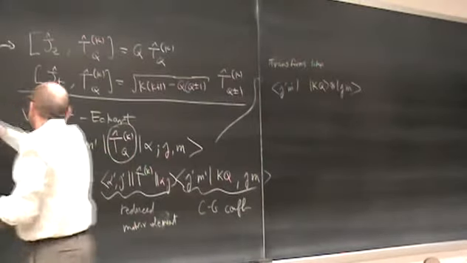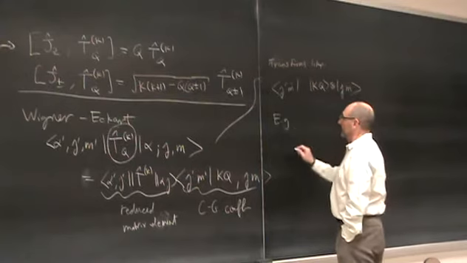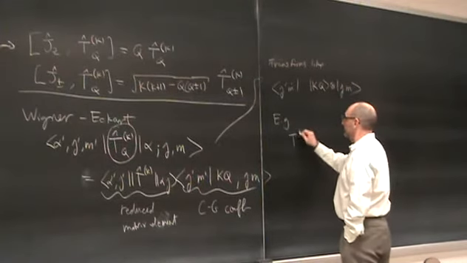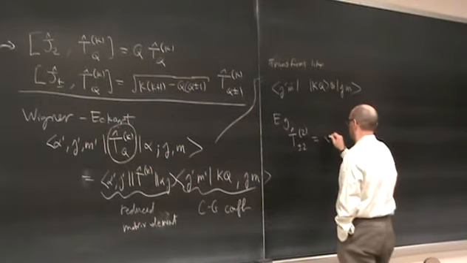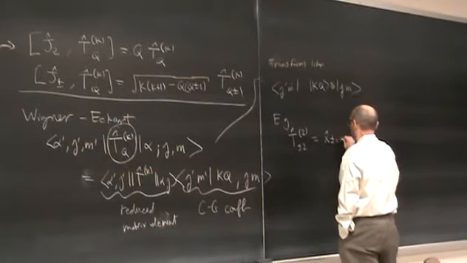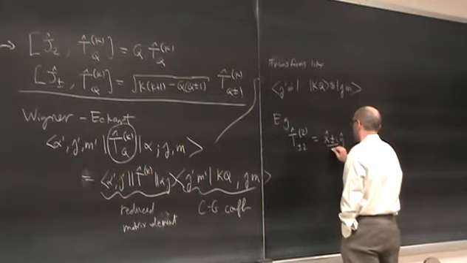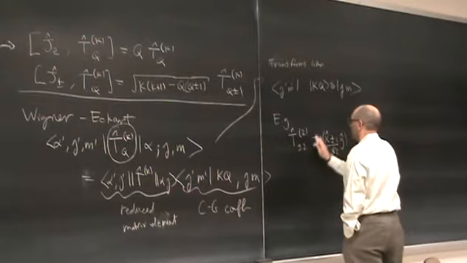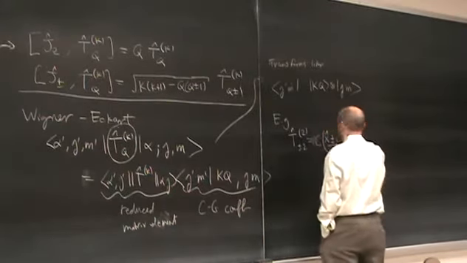But these are examples. So for example, here's an example. If x hat, y hat, and z hat are the components, there's some constant out front.